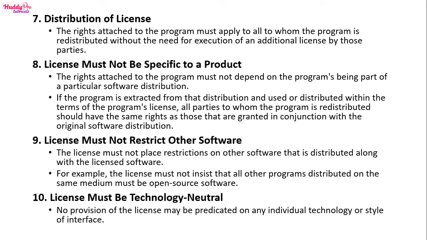An example is, your license must not insist in any way that all other programs distributed along with your product on the same medium must be open source. So your license shouldn't put those restrictions. You can distribute your program along with other programs that aren't open source. So the license should grant that freedom.